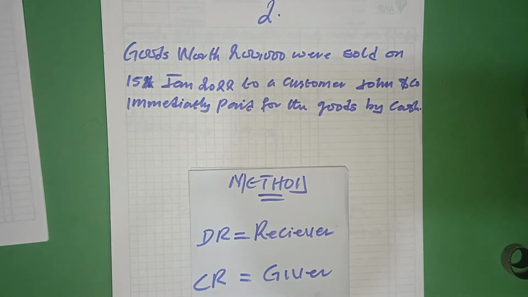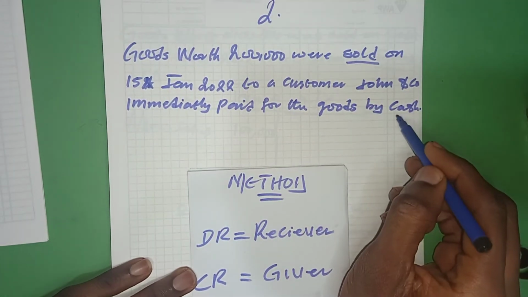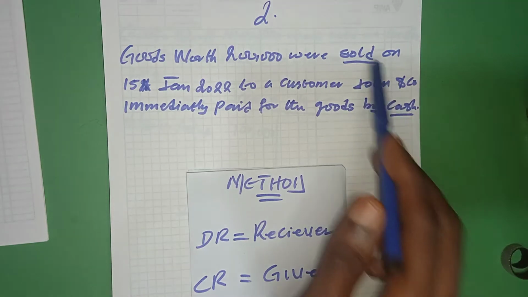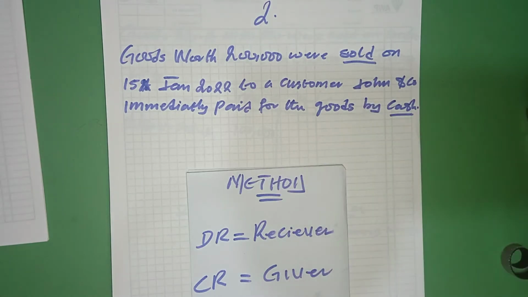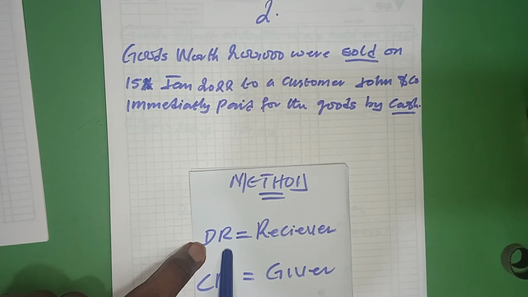Now, let's identify the two accounts. The two accounts here are going to be sales and cash. When you make sales, sales is going out, cash is coming in. You understand? So with these two, sales is giving, cash is receiving.